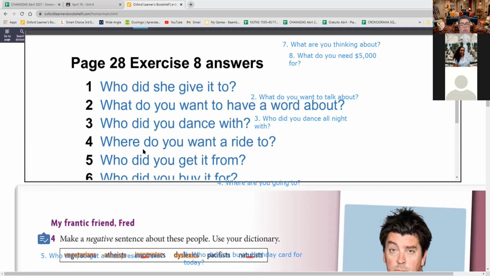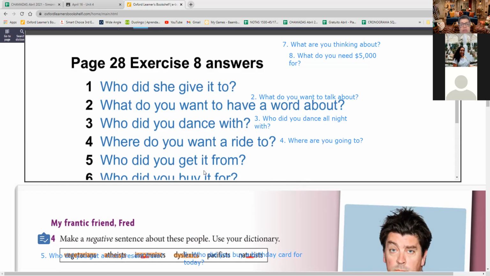Number four, where do you want a ride to? We put where are you going to? It's the same, people. It's just because they're using the exact words, right? But it's super okay to ask like this. Where are you going to? And it's even more common, okay?